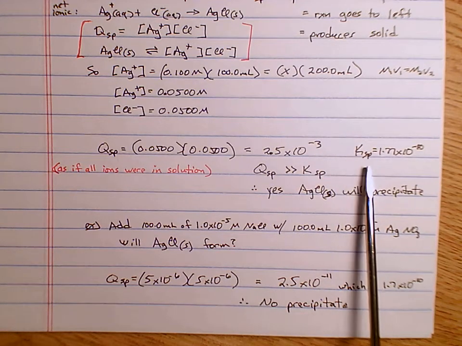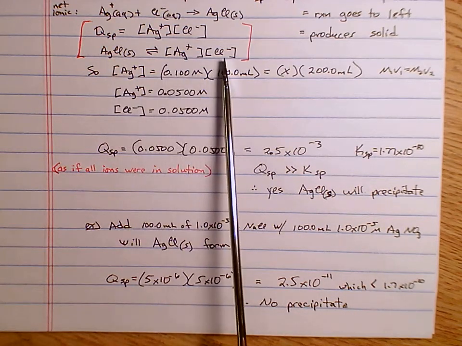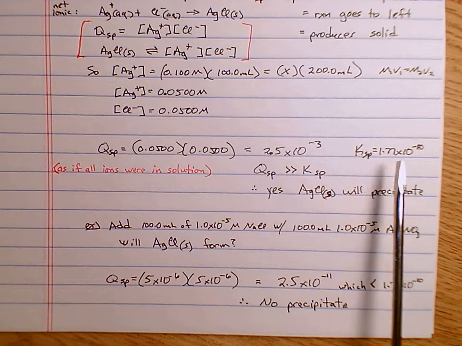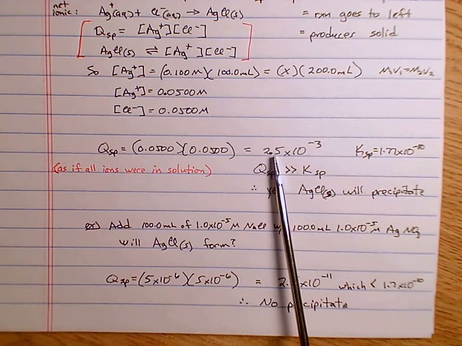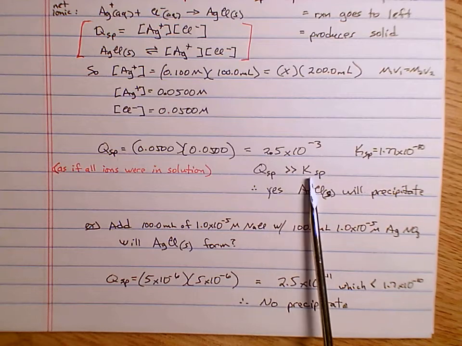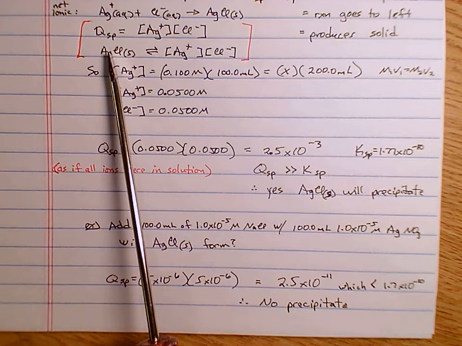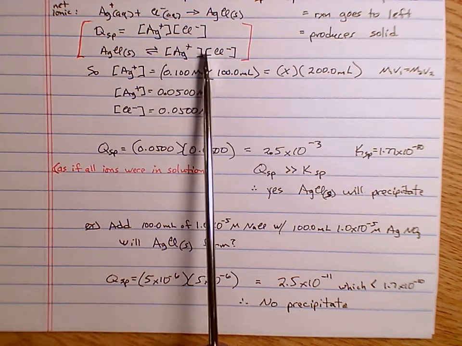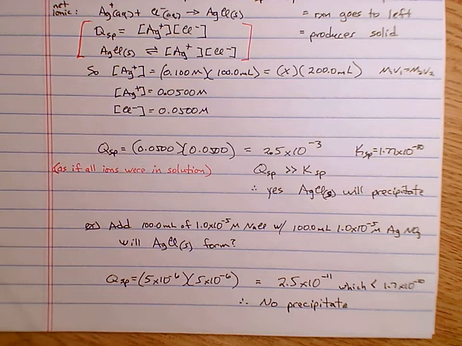Recall our KSP for silver chloride, because it's this reaction here, the silver chloride dissolving into silver plus chloride. Our KSP for silver chloride is 1.77 times 10 to the minus 10th. Therefore, QSP is much larger than KSP, which means the reaction will go in reverse, to the left, to form solid, which means, yes, we will get a precipitate if this occurs. All right.